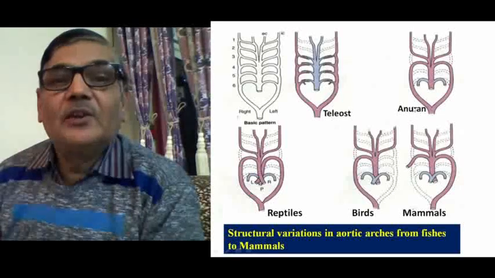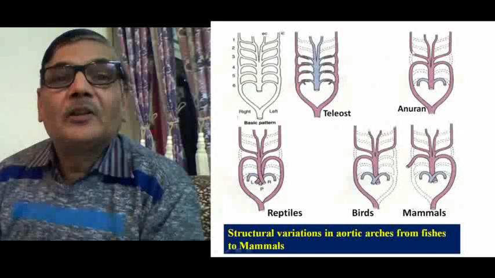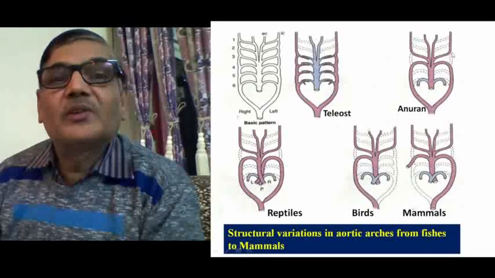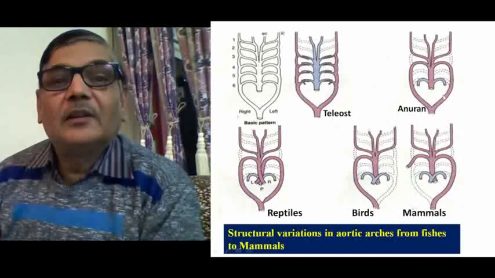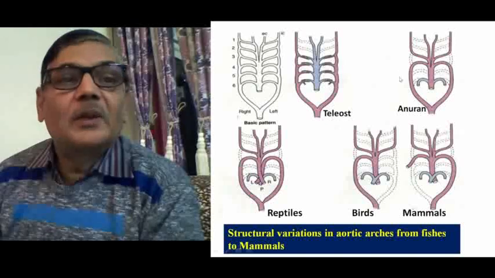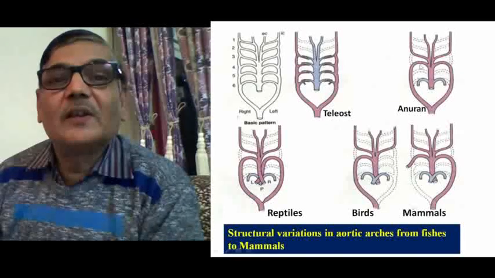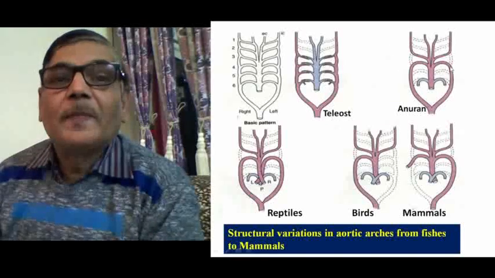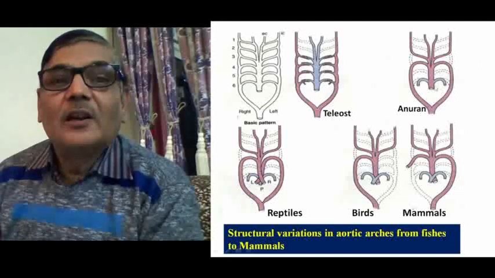In case of anurans, as I said, the third one will be referred to as carotid artery. So this one is carotid artery. Then the fourth one is referred to as right and left, because this side is right, this side is left. So right and left systemic arteries are there. The sixth one is being referred to as right and left pulmonary arteries.